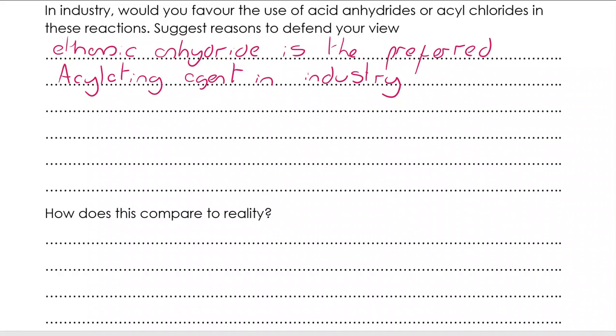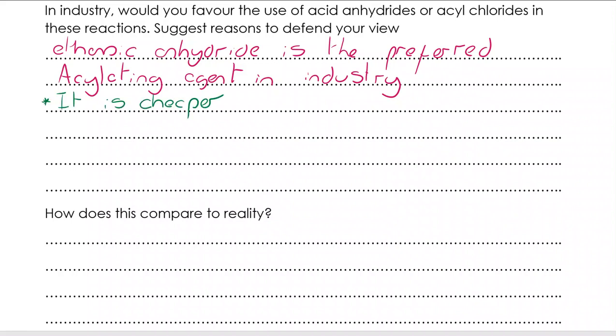And you might be thinking that's a little bit odd because I was talking about how incredibly reactive acyl chlorides are, to the point that those reactions will happen at room temperature and they are incredibly vigorous. But actually, that feeds into the reason why in industry they do opt for acid anhydrides, and I'll explain why in a moment. The first answer you can give here, though, is acid anhydrides are cheaper.